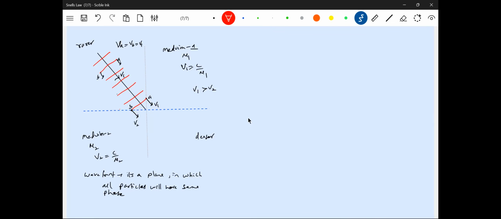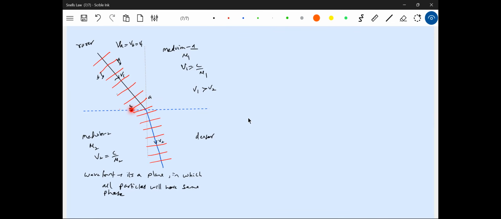Okay, let me put it in this way. Afterwards, both A and B will enter the same region, so both will have the same speed and the wavefront again will become parallel, propagating with a speed V2.